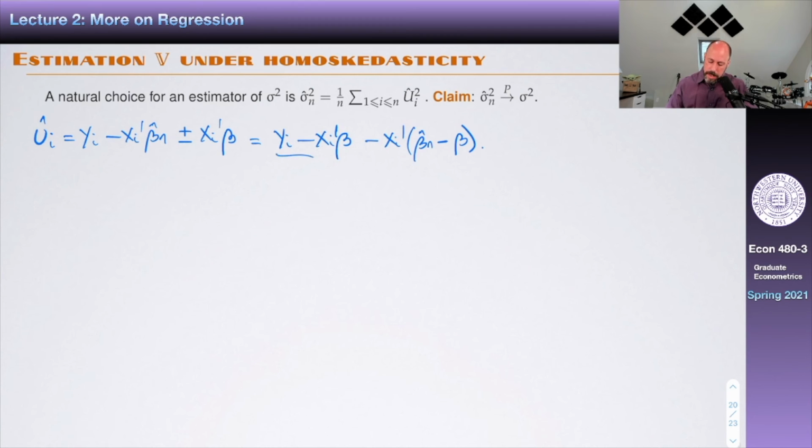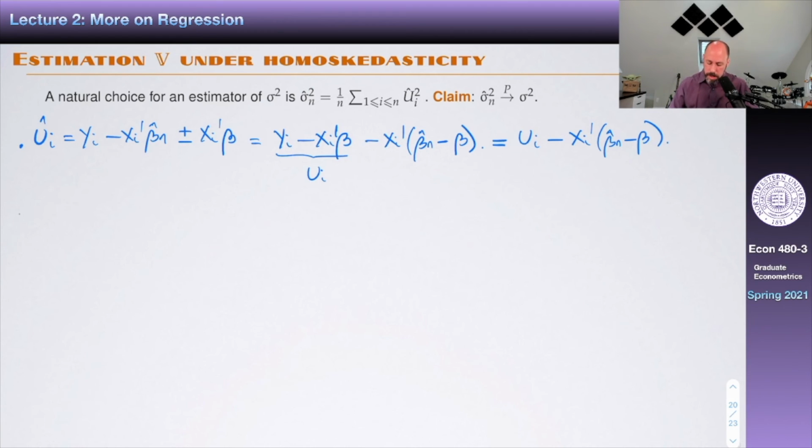And notice that this is ui. This is convenient because then we can write u hat as ui minus xi prime beta hat n minus beta. So the first part of the trick is just to write the residuals in a way that makes the residuals a function of u, which is the object we want.